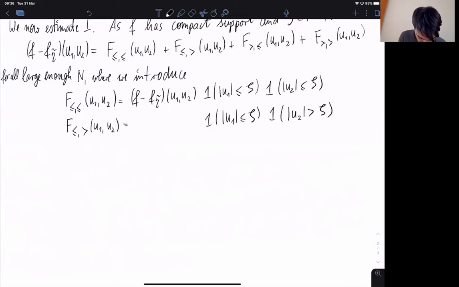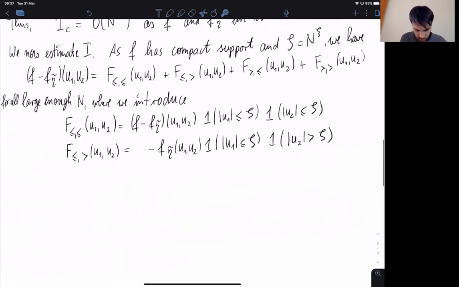And now here's a difference: if at least one of the arguments is large, then I don't have to consider the f anymore, because f has compact support, and the zeta goes to infinity with large n. So if I take n sufficiently large, then the argument will be outside of the support of f, so that contribution will vanish. And then I have the other two.